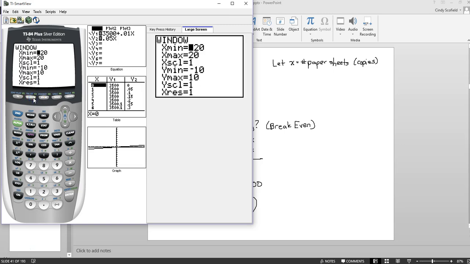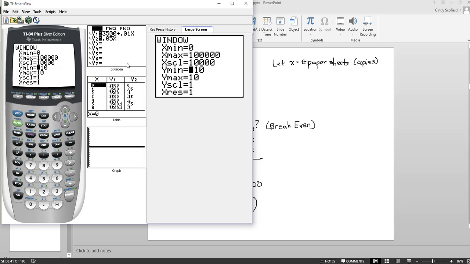So let's go to our window, and let x min be 0, and let x max be 100,000. Let's let the scale be 10,000. That means every tick mark on the x-axis represents 10,000.